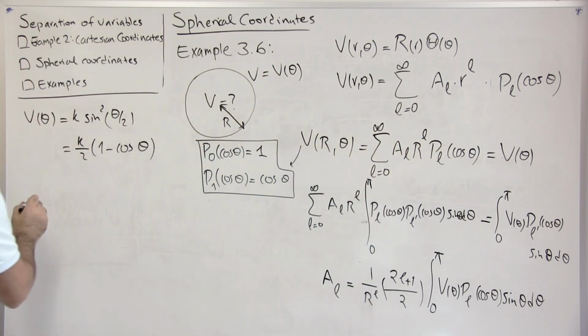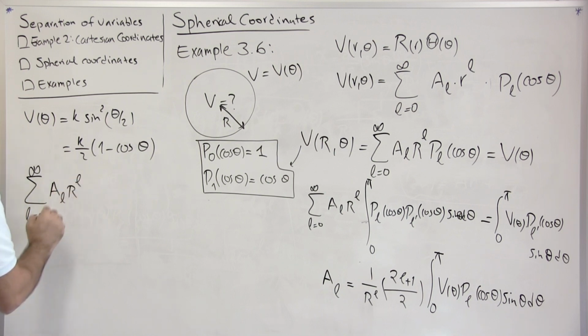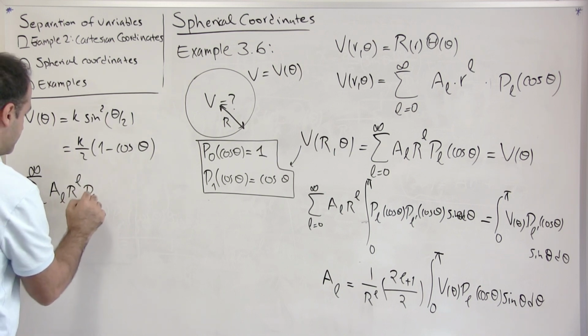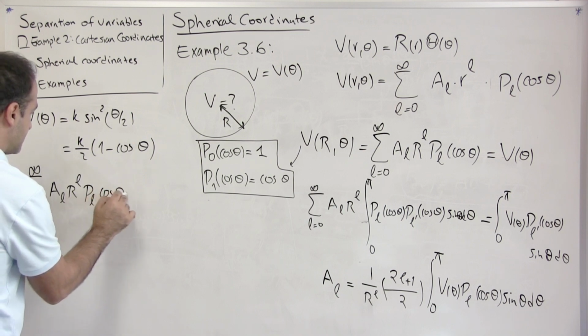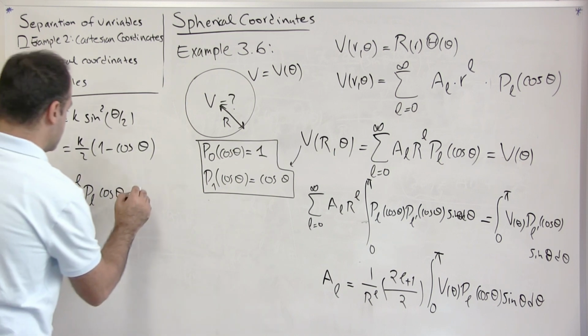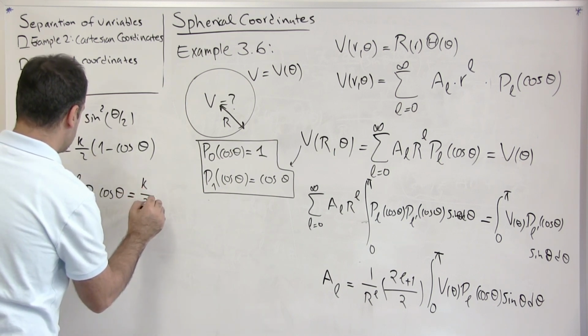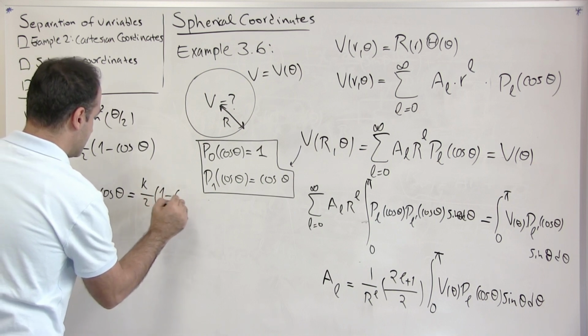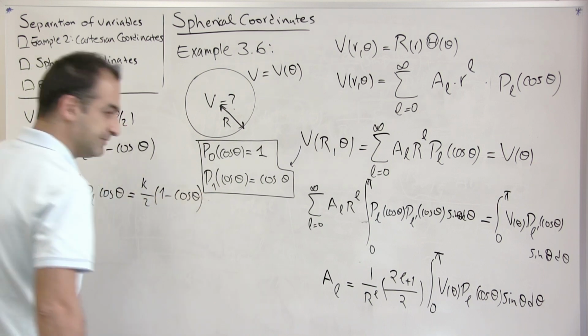Let's look at that summation. How does it look? We have L starting from 0 to infinity, A_L r to the power of L times P_L of cosine theta, which is the potential on the surface, and that has to be equal to K over 2 times 1 minus cosine theta.